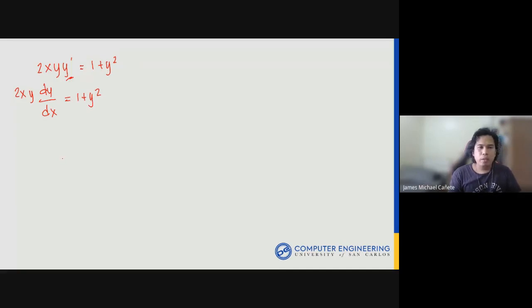So you can check. We want to have dx to be a term, not in the denominator. So 2xy dy equal to 1 plus y squared dx.